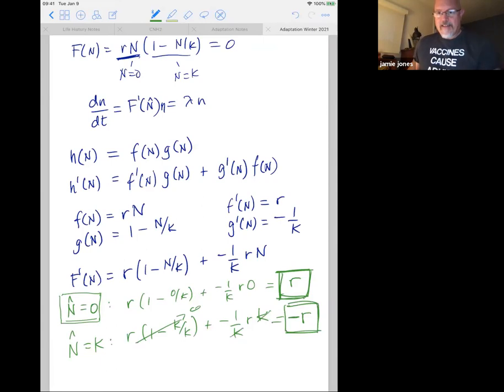What does this tell us? When we are at the 0 population equilibrium, it's an equilibrium. The population won't grow there, but if we perturb it, and we can only perturb it up, because we're at 0, we can't have negative population.